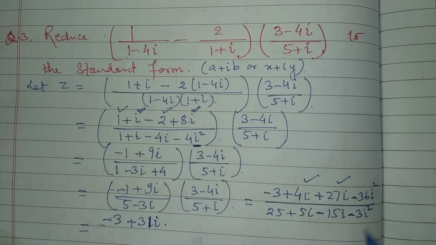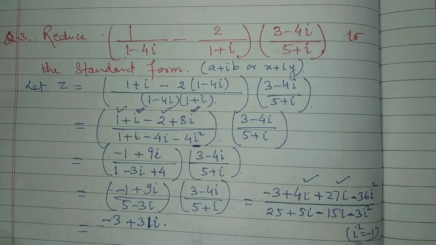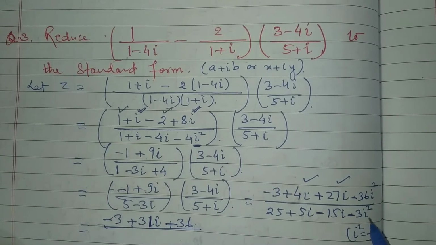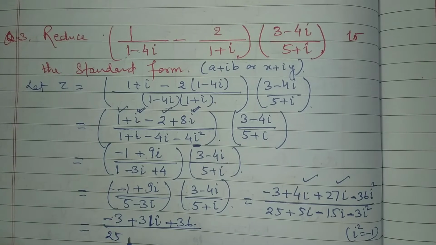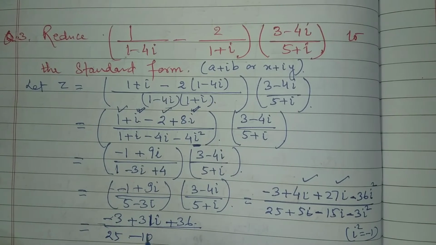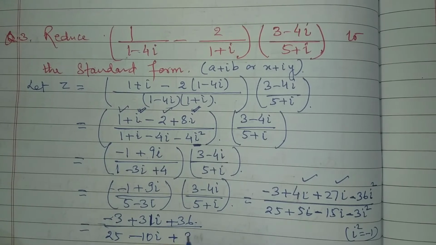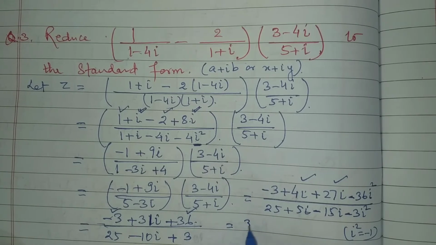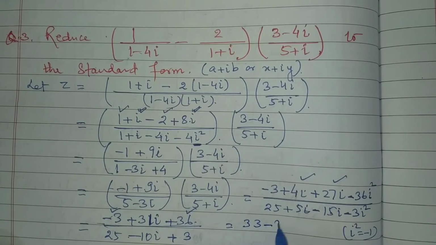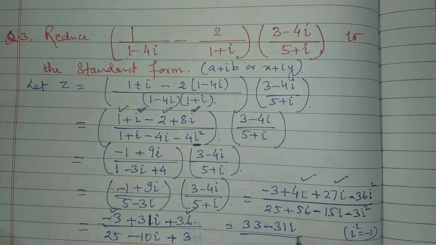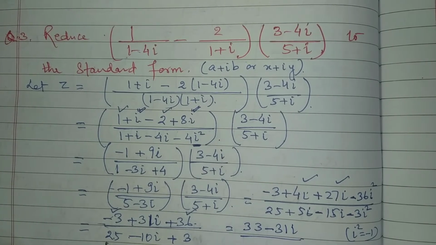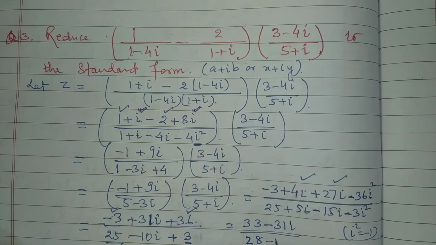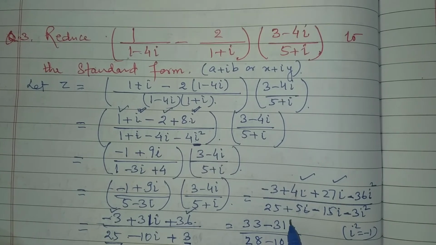Then it is i square, so in place of i square minus 1, so then it is plus 36. So here is minus, and here is 25, and this is minus 10i, and this is plus 3. So minus 3 plus 36, so it is 33. 33 minus 31i divided by, here is 25 plus 3, so it is 28 minus 10i.